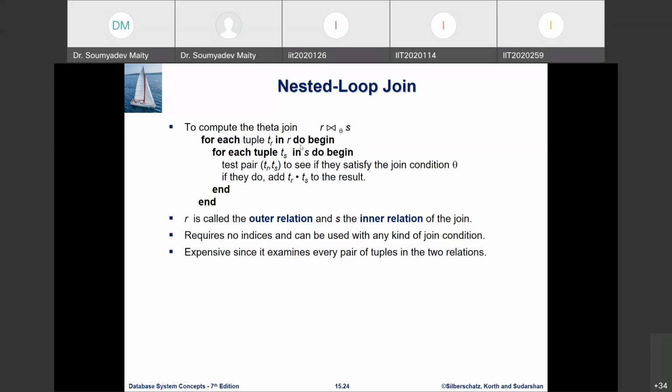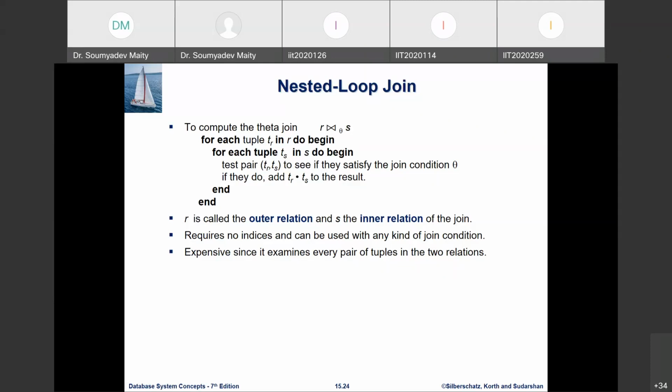For example, here R is usually the left hand side when you write it in the algebra format. The relation on the left hand side you take in the outer loop and the relation on the right hand side you take in the inner loop. So those are called outer relation and inner relation.